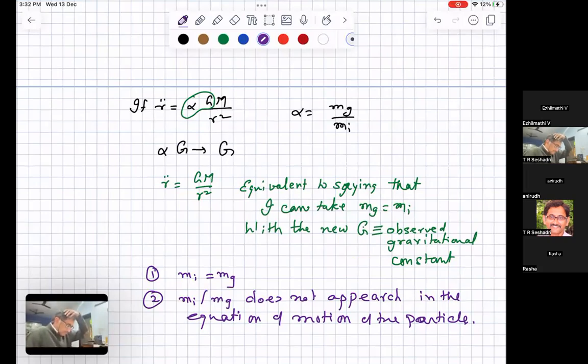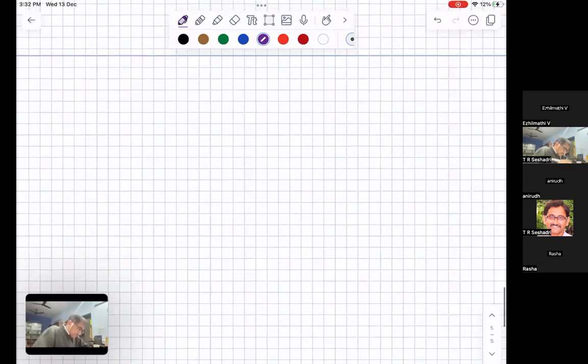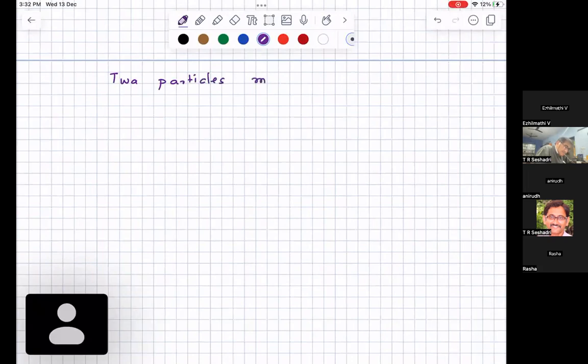Now, what does this mean? If two particles are there, from now on I will not distinguish between Mi and Mg because I have taken them to be equal. I'll just call them mass.